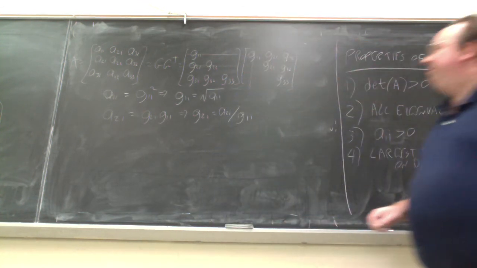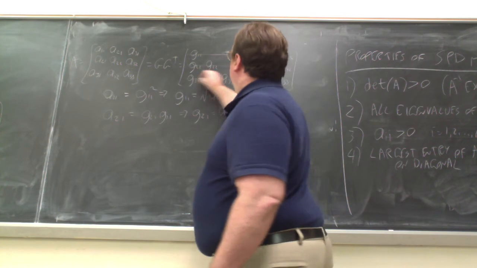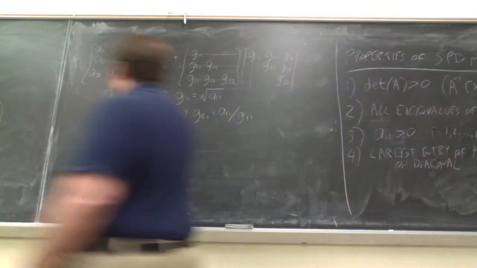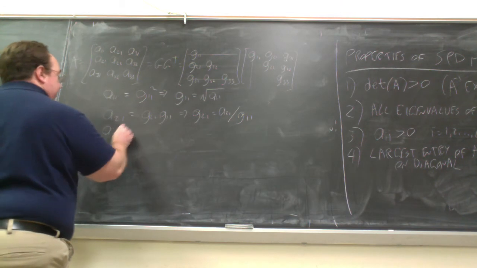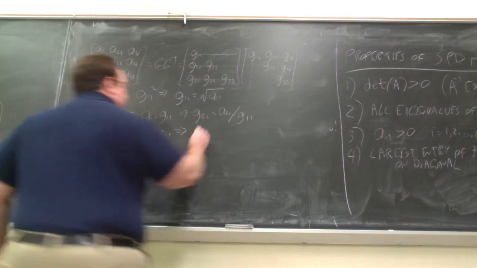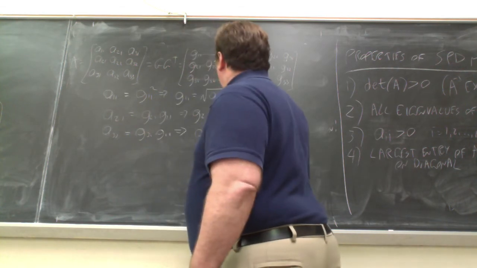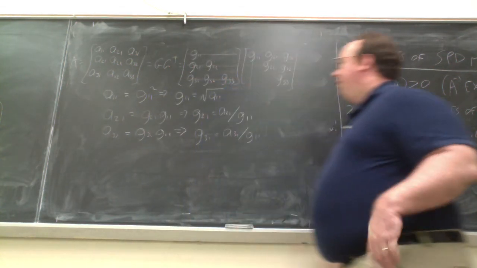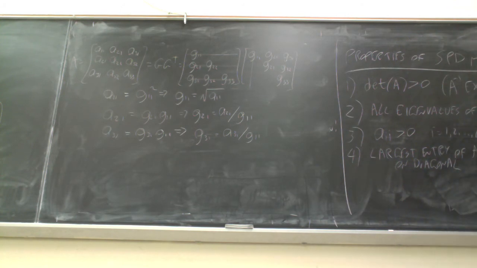And then the 3-1 entry will work out the same way. So A31 is G31 times G11. So that means that G31 is A31 over G11. Okay. All right, so now we figured out the first column of G.